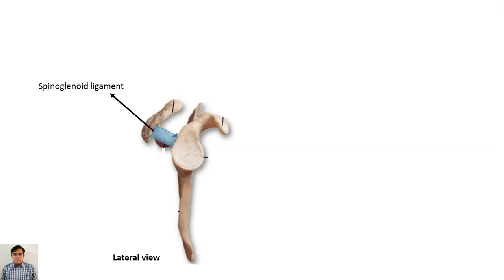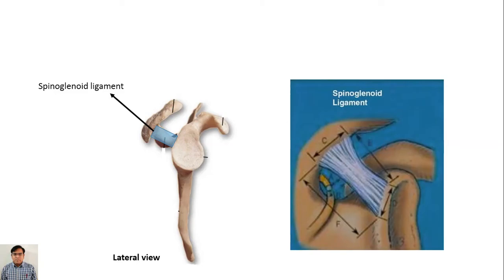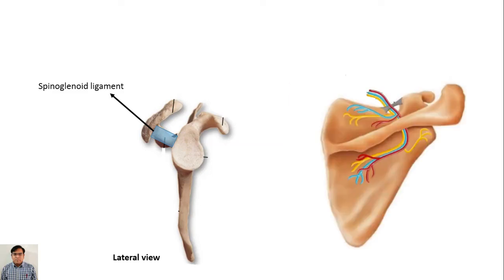On this spinoglenoid ligament there forms the spinoglenoid notch into the spinoglenoid foramen, through which the suprascapular nerve and vessels pass.